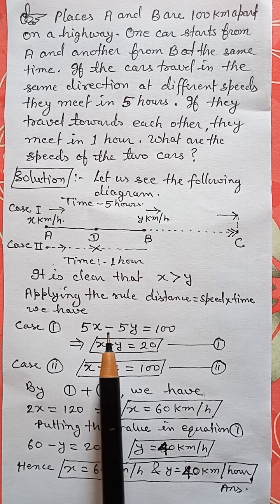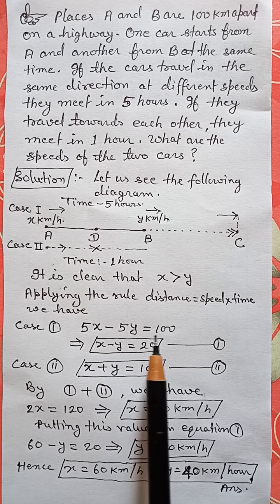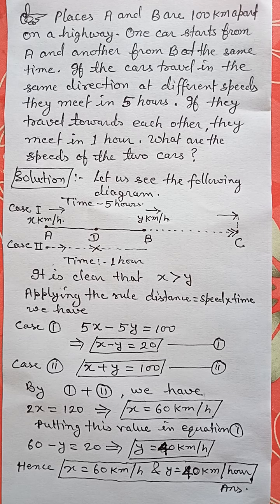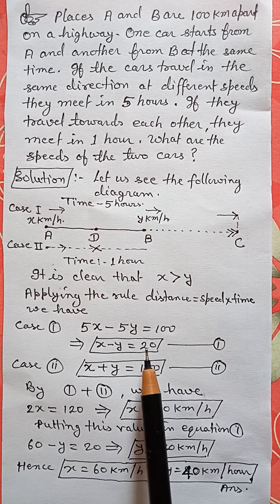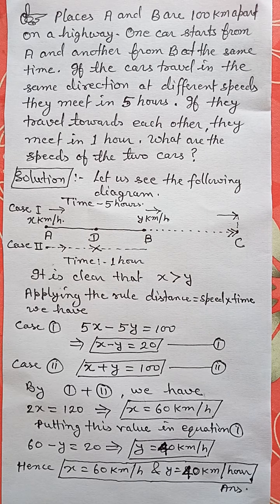Therefore, 5x minus 5y is equal to 100. Dividing by 5, we have x minus y is equal to 20. This is our first equation.